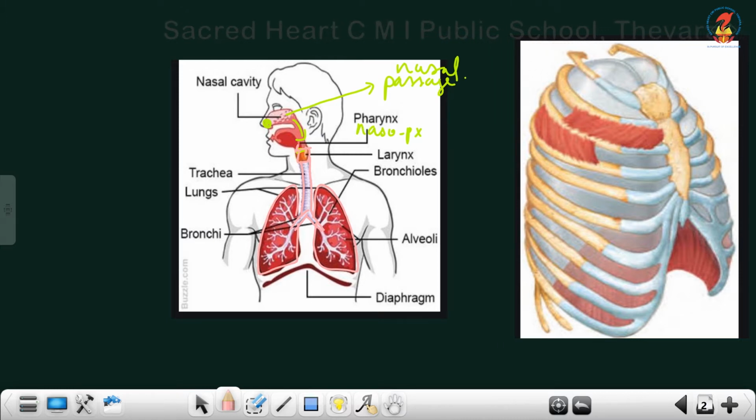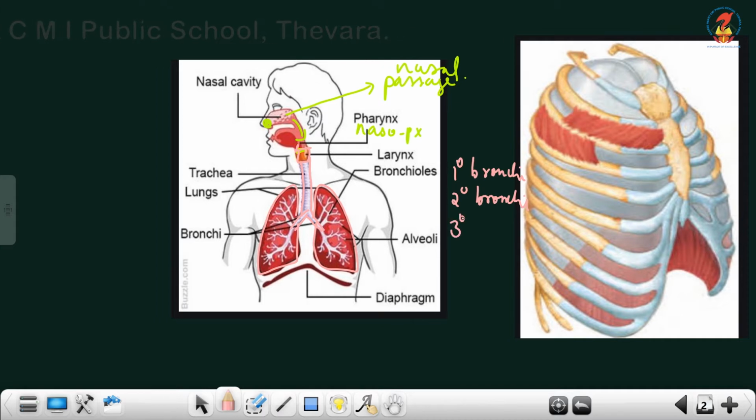The branches are primary bronchi, secondary bronchi, tertiary bronchi, and the finer branch called the bronchioles. And these fine bronchioles open into highly vascularized thin-walled air sacs called alveoli.